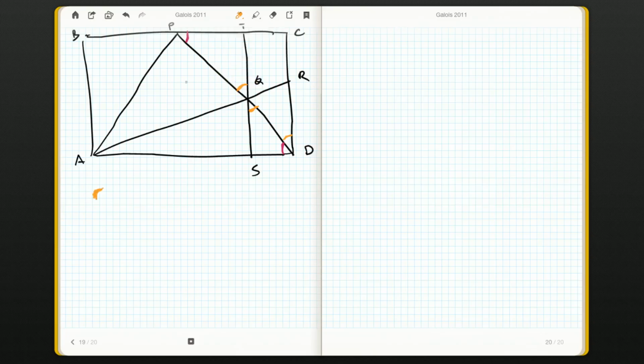That's the orange angle plus the red angle is equal to 90 degrees. Well, we have a 90 degree here, and the sum of the angles in a line are 90 degrees, so this should also be the orange angle, and this should be the red angle.